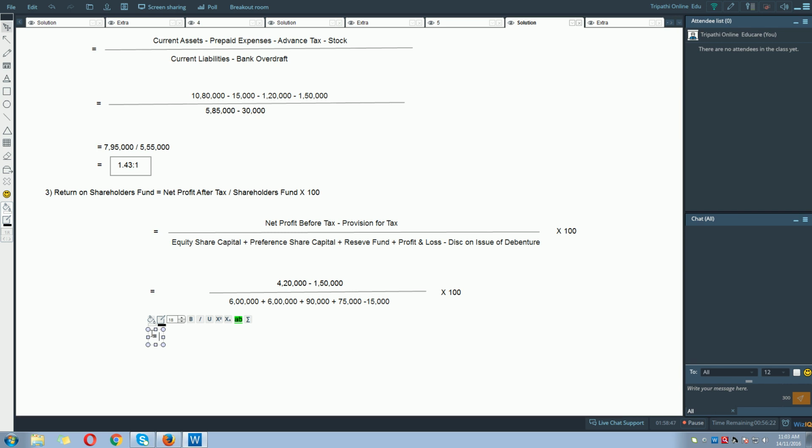So net profit before tax is 4,20,000 minus provision for tax is 1,50,000.